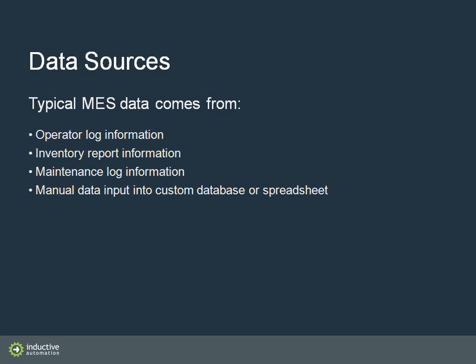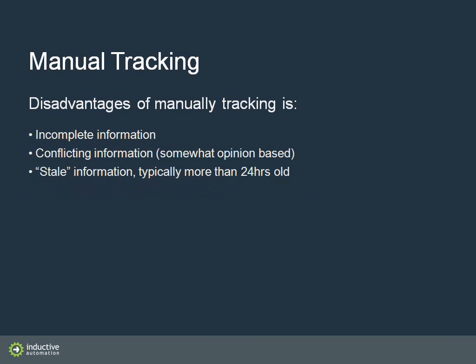One of the problems that you typically run into is that information is based on operator logs, inventory report information, and maintenance logs. This is information that's manually input in most plants into a custom database or spreadsheets, and there's an inherent disadvantage to that.